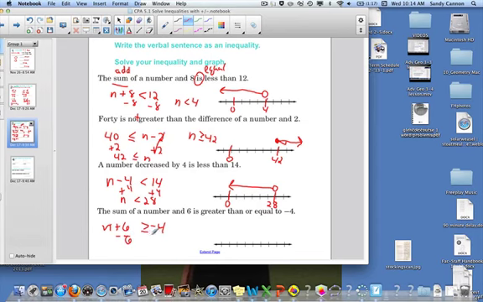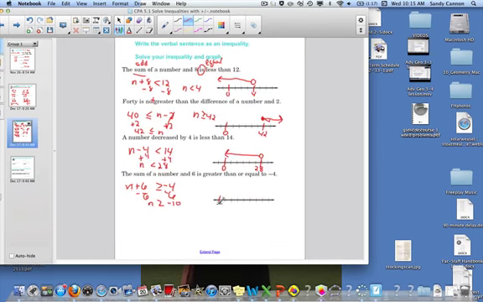Minus 6, minus 6. I have n is greater than or equal to negative 10. So we can put a negative 10 here, 2, 4, 6, 8, 10. We can put a 0 there. n is greater than or equal, so you're going to be going this way.